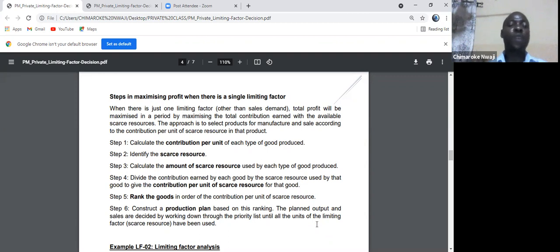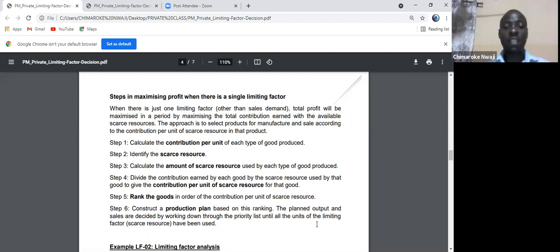When there is just one limiting factor other than sales demand, the total profit will be maximized in a period by maximizing the total contribution earned with the available scarce resources. The approach here is to select products for manufacture and sale according to the contribution per unit of the scarce resource in that product. What does it mean? Contribution per unit of scarce resource.